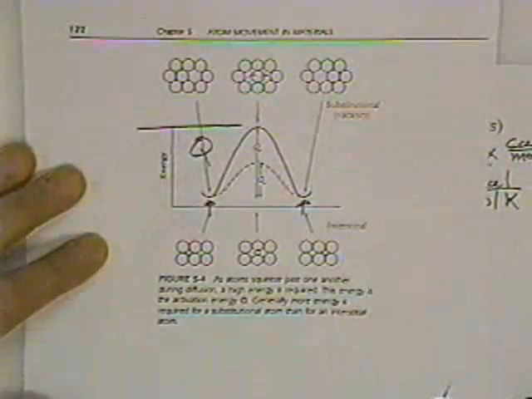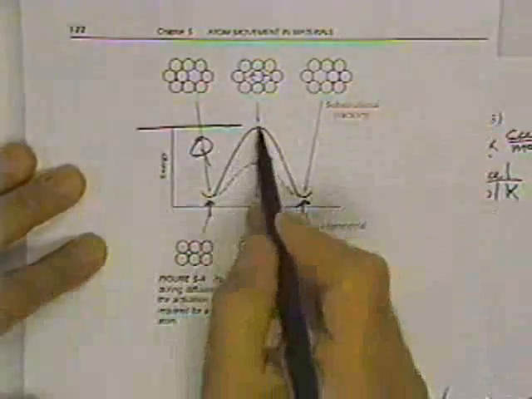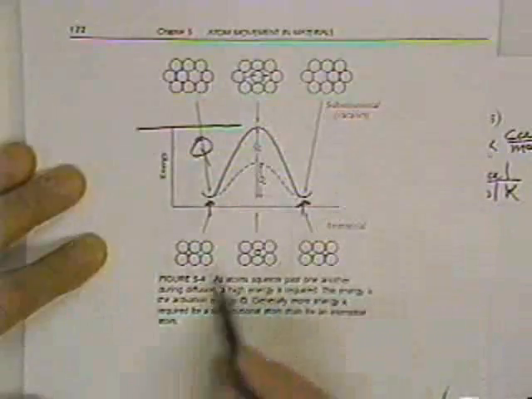If any of you have ever sledded or lived where it's been cold or cross-country skied, you know the joy, the difficulty of getting up to the top of the hill. Well, what a thrill coming down. So this activation energy is the energy you need to climb up the hill. Once you get to the top of the hill, it just falls on down.